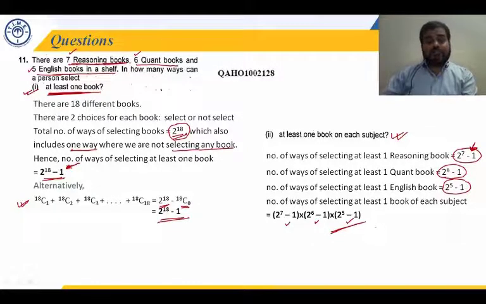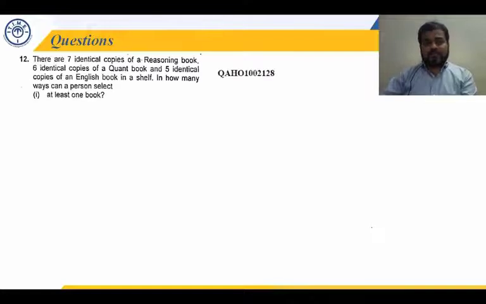Now let us look at the next example where we have identical copies, right? Now this question gives you a little bit more specification that there are 7 identical copies of a reasoning book. So all these 7 reasoning books are identical. 6 identical copies of a quant book. So all these 6 quant books are identical.